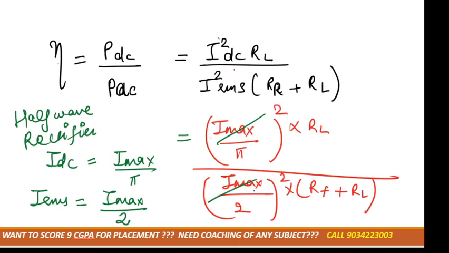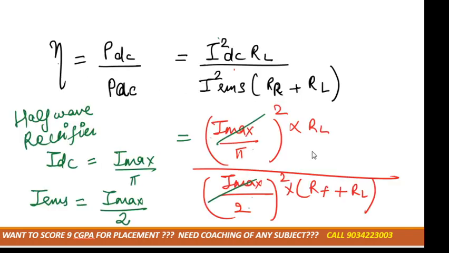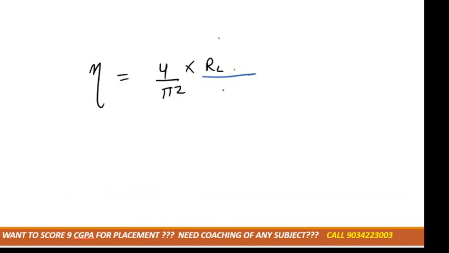What is left? 4 is here and pi square is here. So if we'll solve it further, we'll get efficiency is equal to 4 by pi square into RL by RF plus RL, is as it is. Correct? So if we'll solve 4 by pi square, then what can we get?